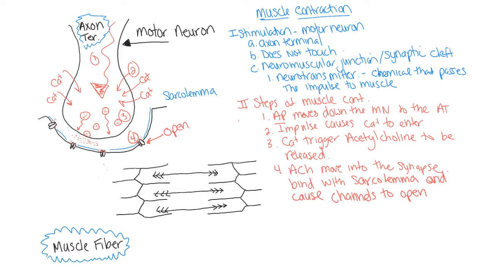All right, and then step 5 is going to be that my sodium, Na plus, is going to go into the muscle cell, and K plus is going to go out. So when those open, I have Na. I'm going to do Na in green so you can see it.